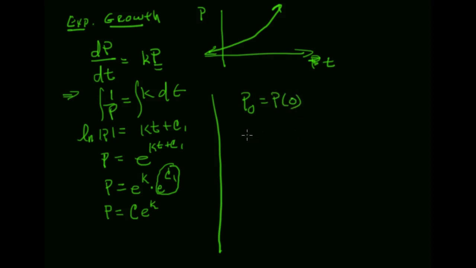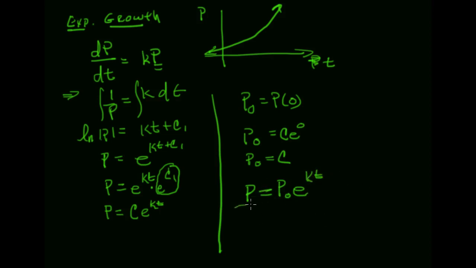Then this means that p sub 0 is equal to c times e to the, oh, this should be a kt. There we go, kt. 0 times k, which is just 0, which means that p sub 0 is in fact that constant c. So this means that I can write my solution as p is the population at time 0 times e to the kt.